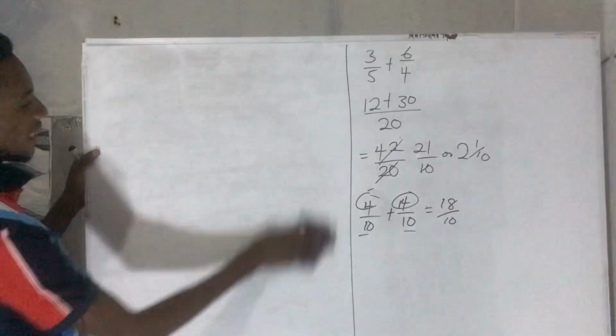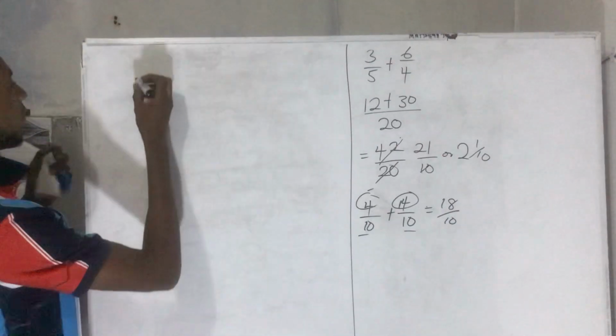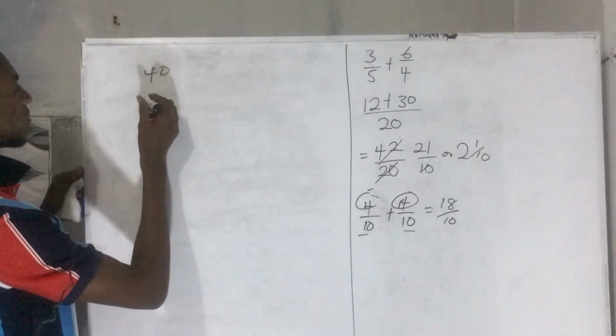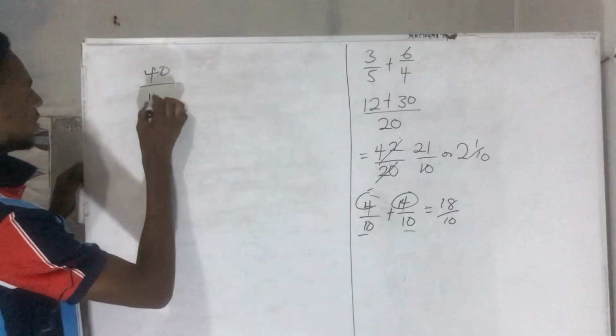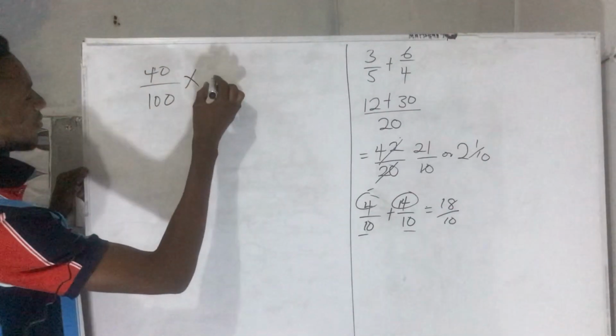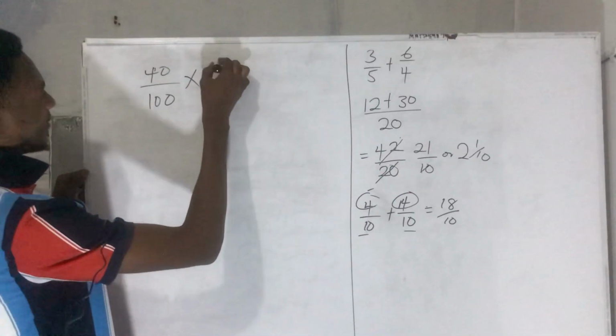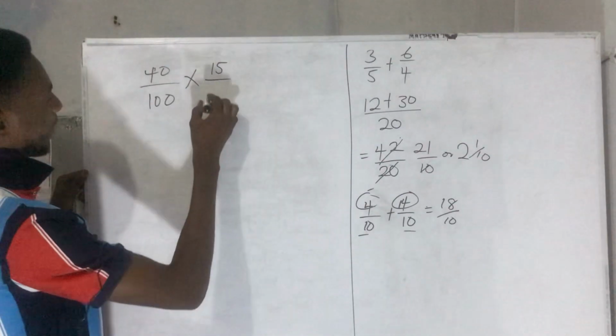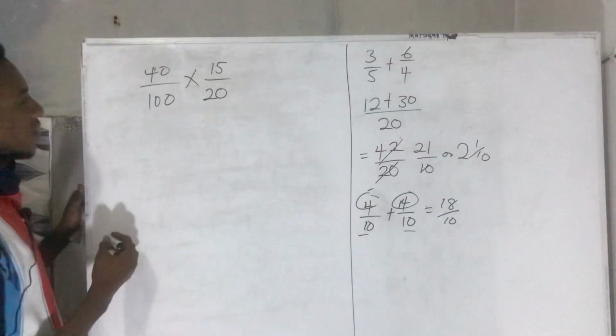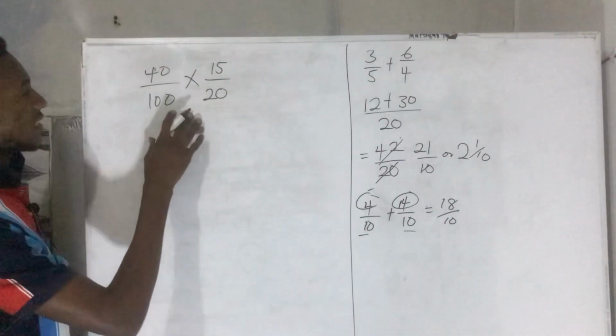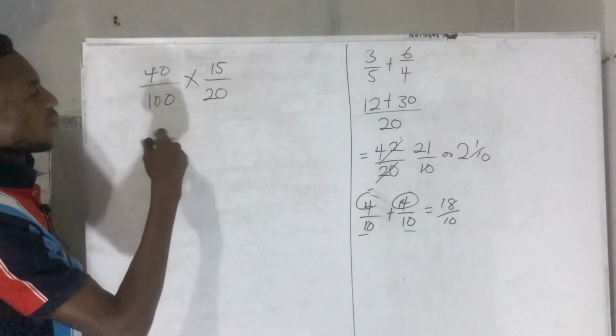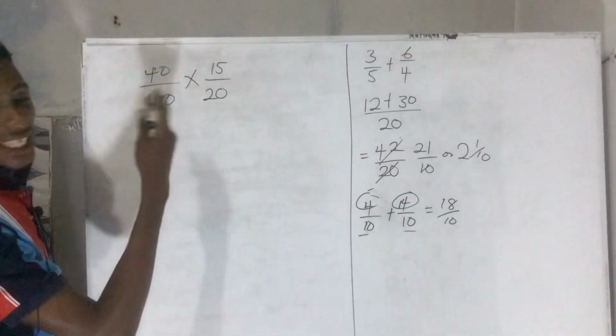Now, let's assume you have something like this: 40 over 100 times 15 over 20. You realize that if I want you to multiply this, even though it is easy, you think you get huge figures.